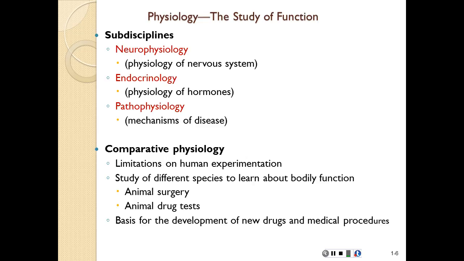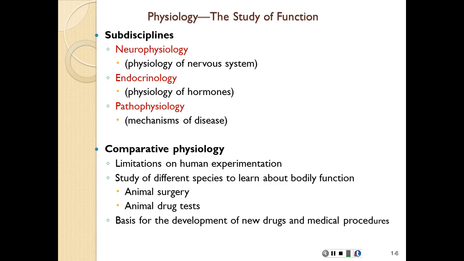So we have some subdisciplines: neurophysiology, endocrinology, and pathophysiology. When we look at neurophysiology, we're dealing with the physiology of the nervous system, hence the name neuro. It deals with the nerves, and physiology, of course, is the study of the function.